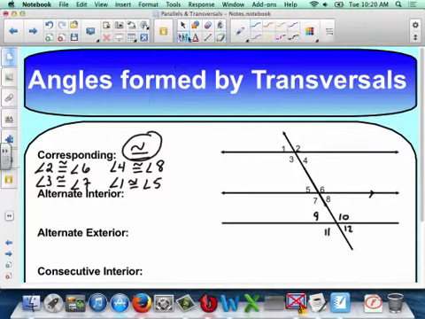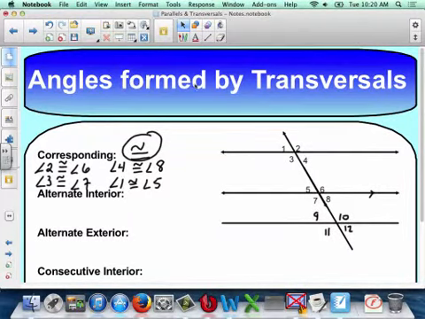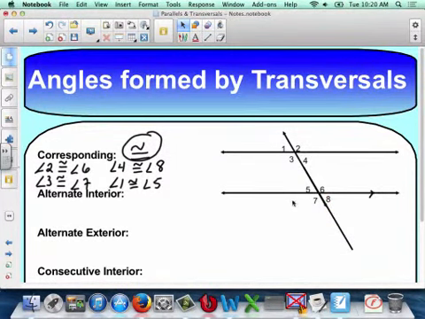Okay. All right. So guys, let's talk about alternate interior. What would be an example of an alternate interior angle? 3 and 6. Okay, good. And so we got 3 and 6. Sage, what would be another pair? 4 and 5. Okay. Guys, what do you notice about 4 and 5?